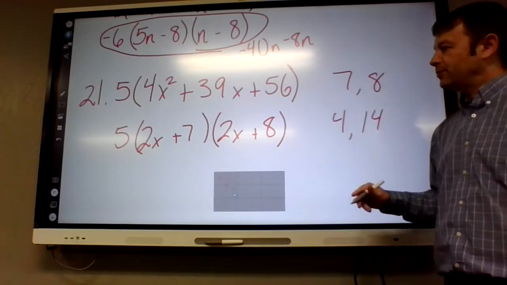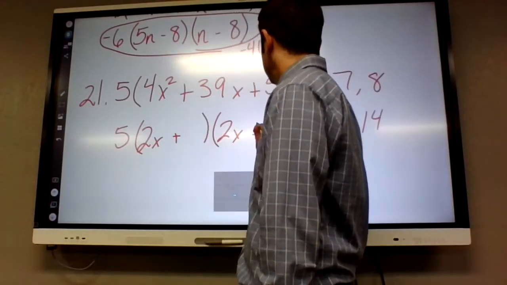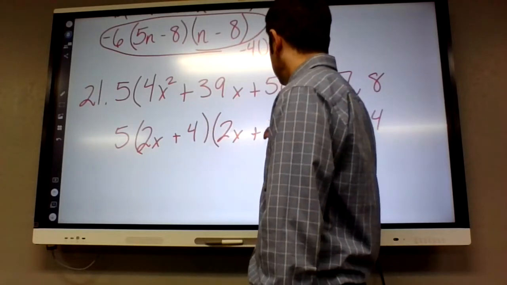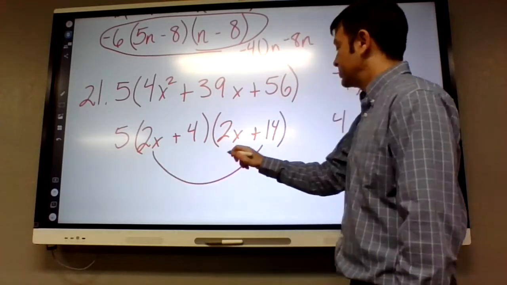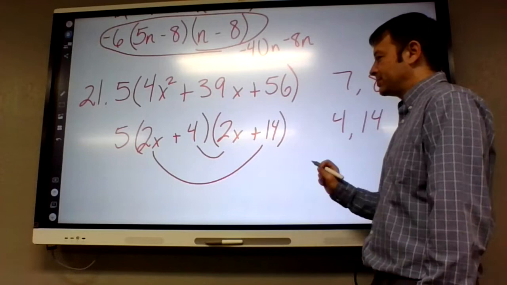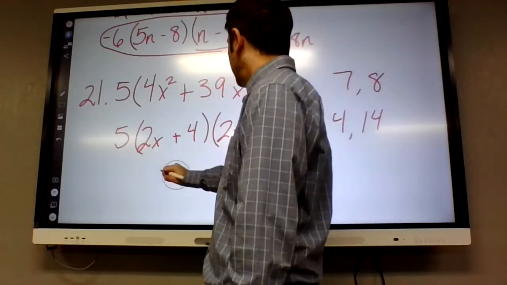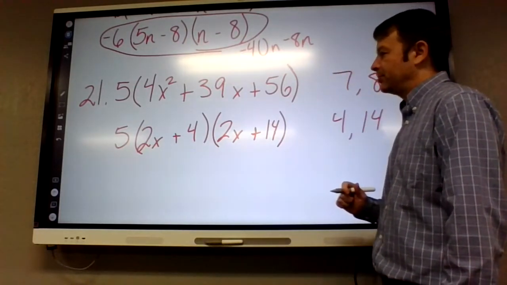So let's try 4 and 14. Doesn't look like it's going to work. That would be 28x plus 8x, which is 36x. It's closer, but it's not right. It could be 2 and 28, but that's not going to work either.